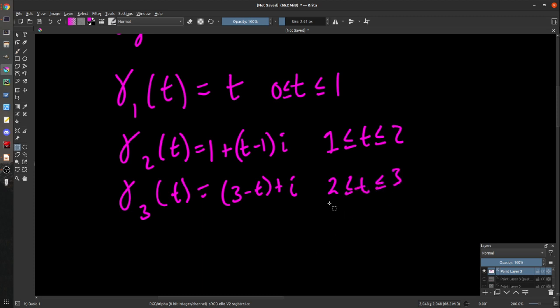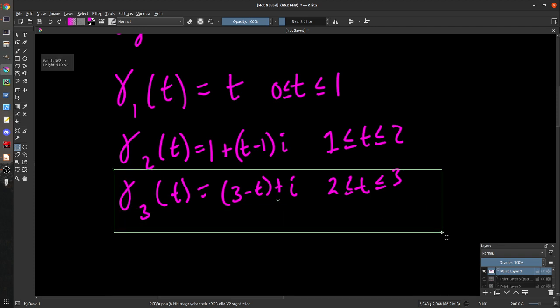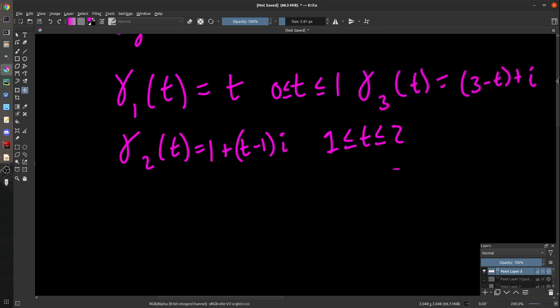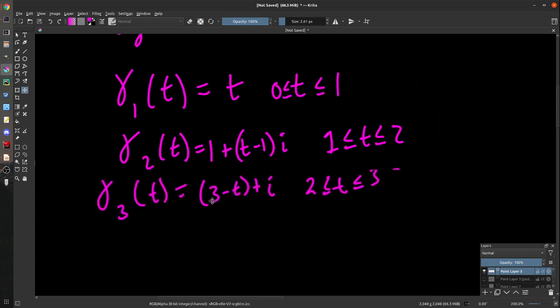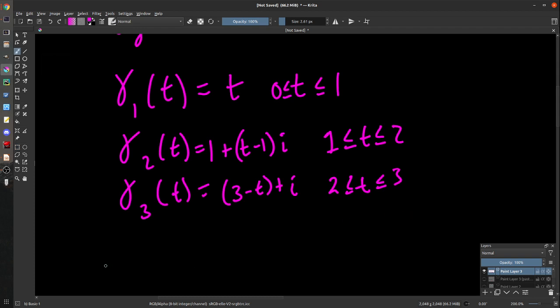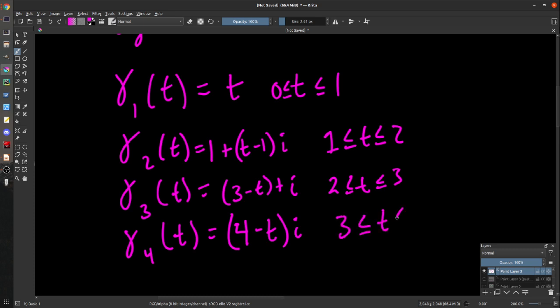Let me make our lives a little bit easier. I'll put it all together. And then gamma 4 is 4 minus t times i, and this is from 3 to 4.